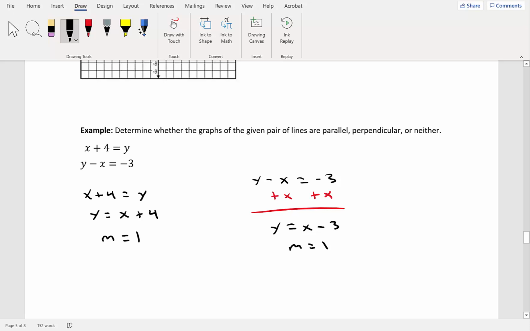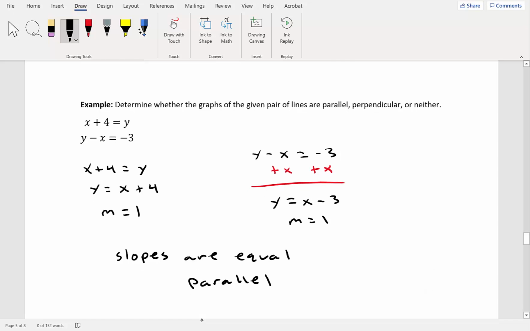So my first line, my slope is 1. My second line, my slope is also 1. So the slopes are equal, which means that the two lines are parallel. We didn't even have to graph this at all. All we did is find out what the slopes were, and we were able to determine if they're parallel or perpendicular.